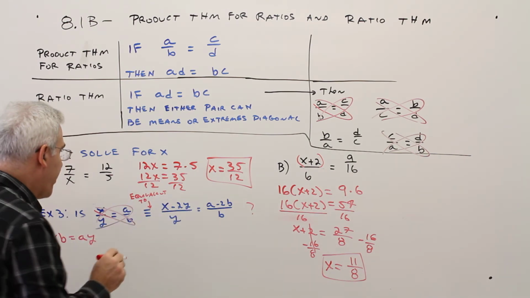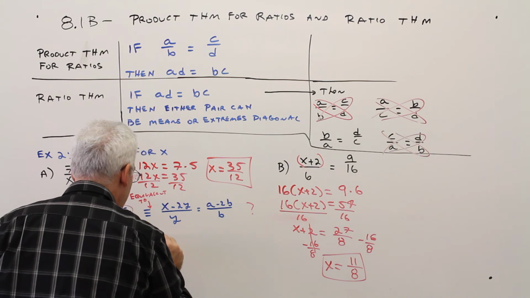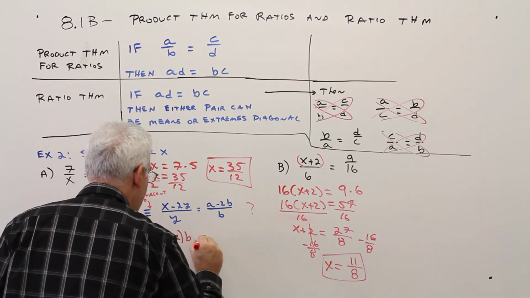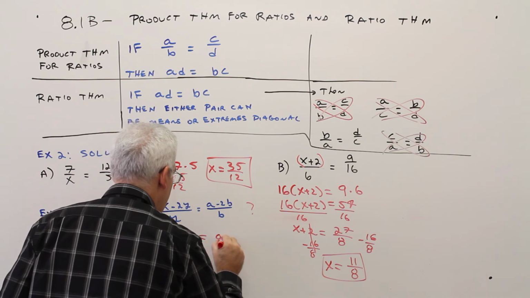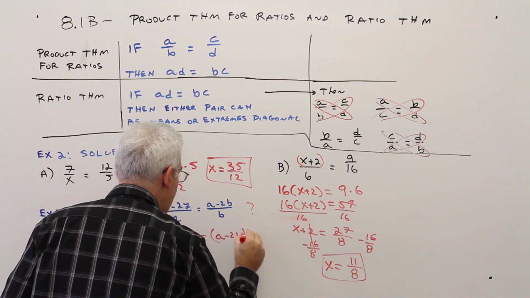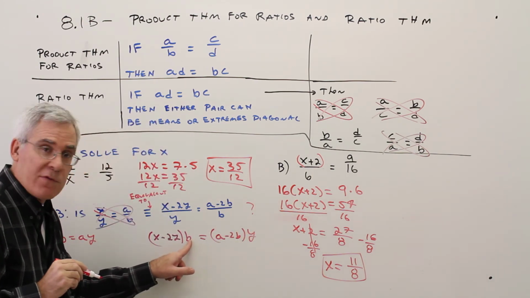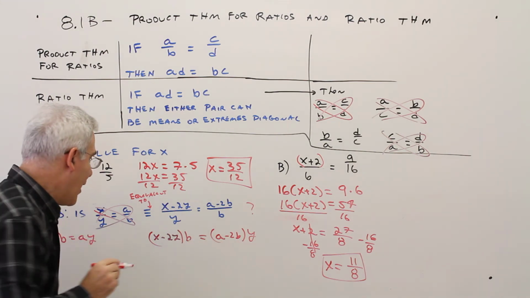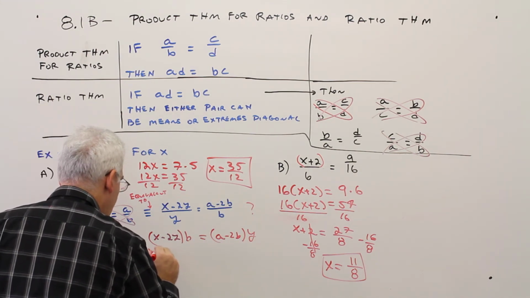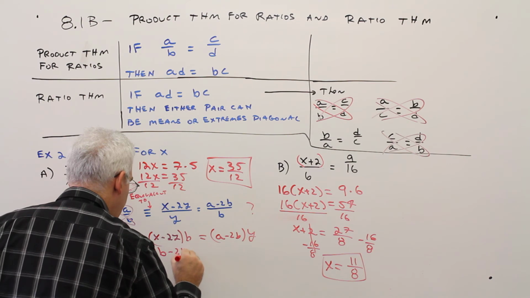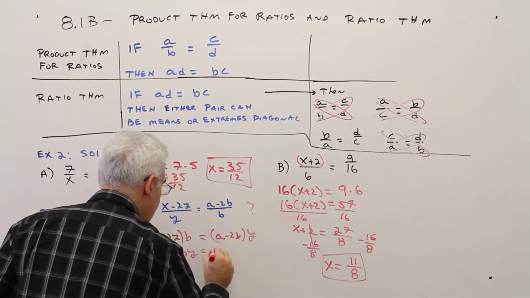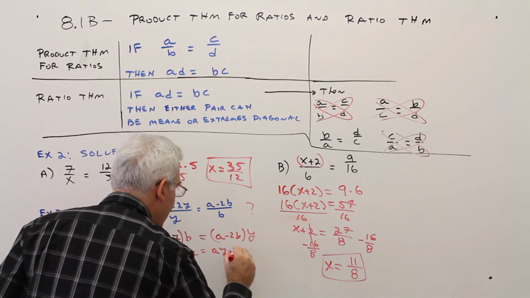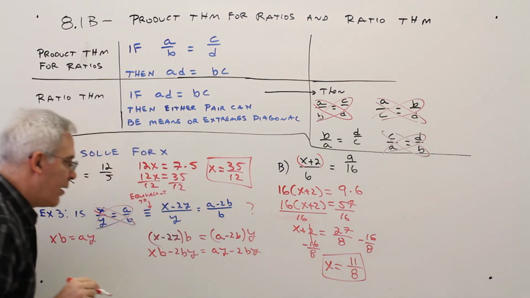Okay, so just cross multiply. So x minus 2y times b would equal a minus 2b times y. Distribute the b, distribute the y. xb minus 2by equals ay minus 2by.